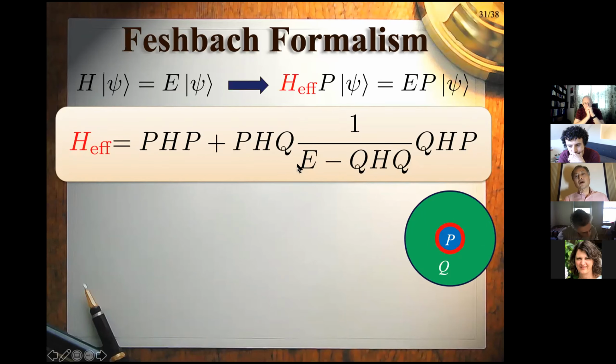Because QHQ has a continuous spectrum on the real axis, you can't really compute this directly. What you have to do is define either the retarded Green's function or the advanced Green's function. So you have to insert this small term in computing this. This in fact makes this effective Hamiltonian non-Hermitian.